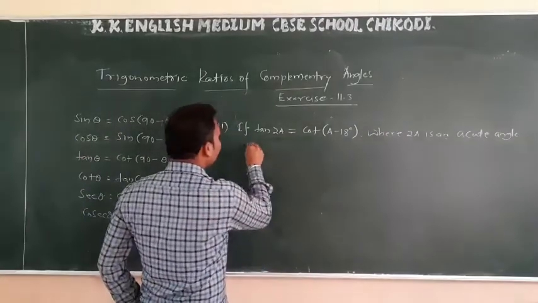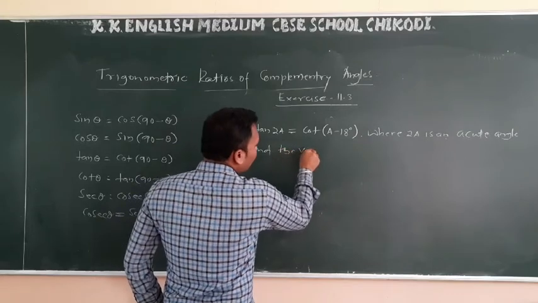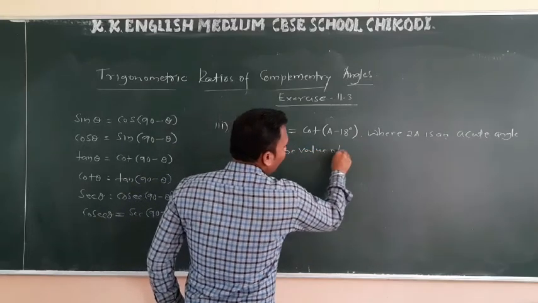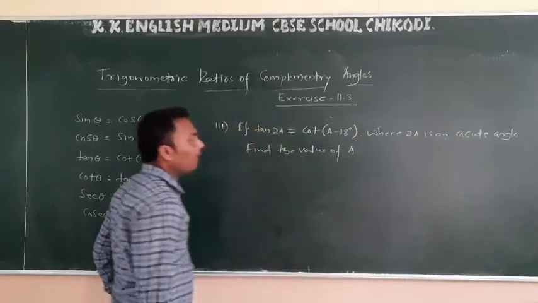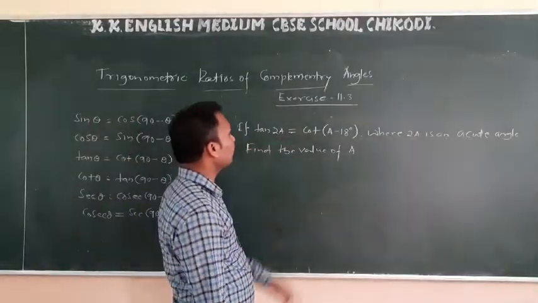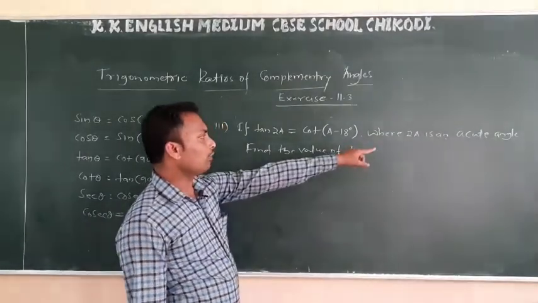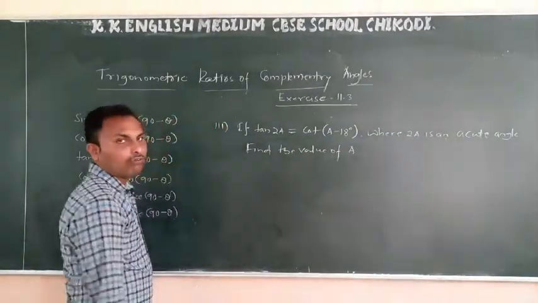What we need to find is the value of a. If tan of 2a is equal to cot of a minus 18, where 2a is an acute angle, find the value of a. Very simple.